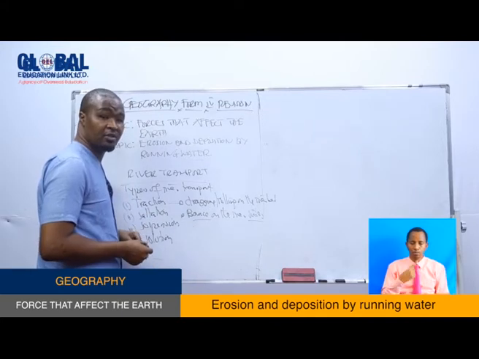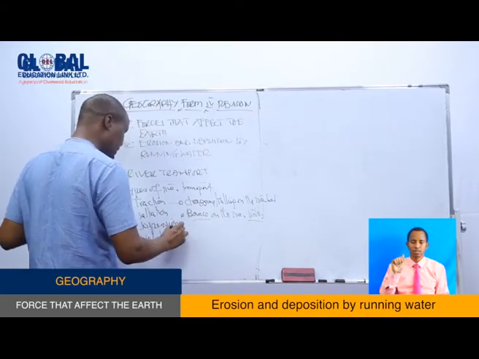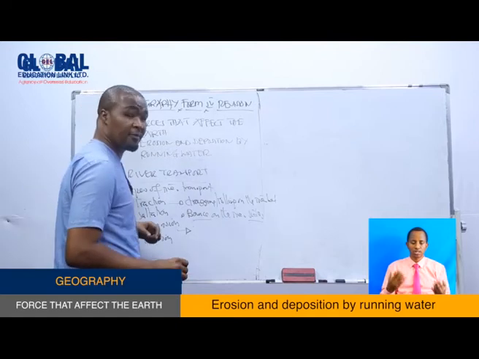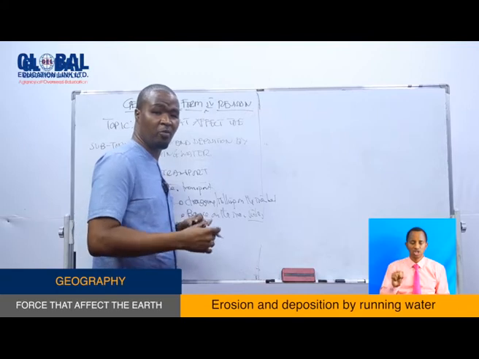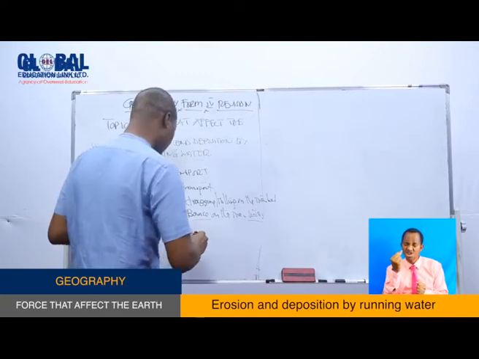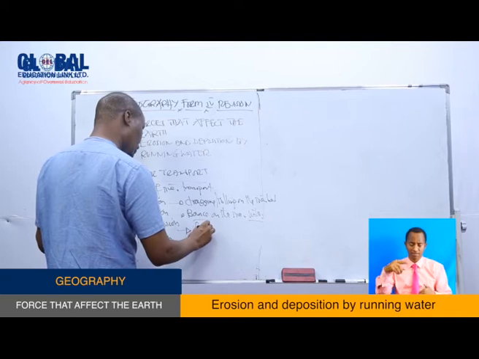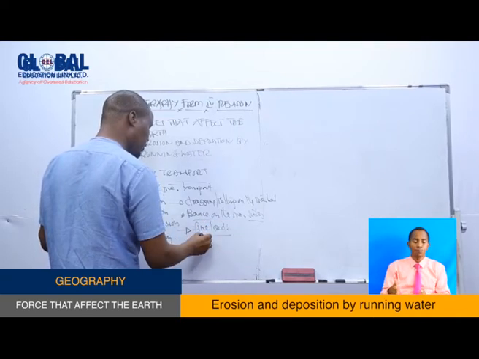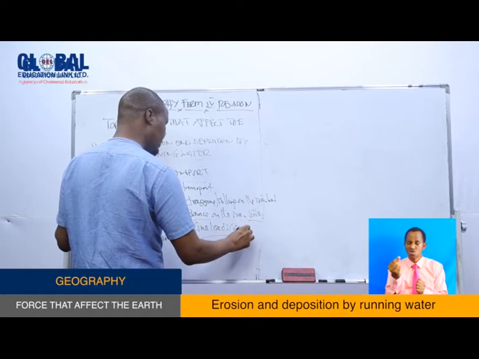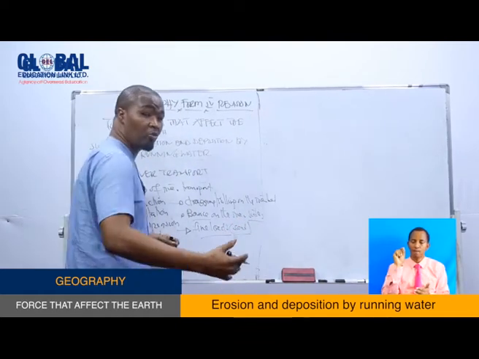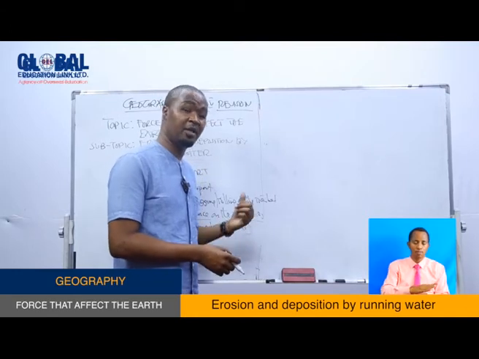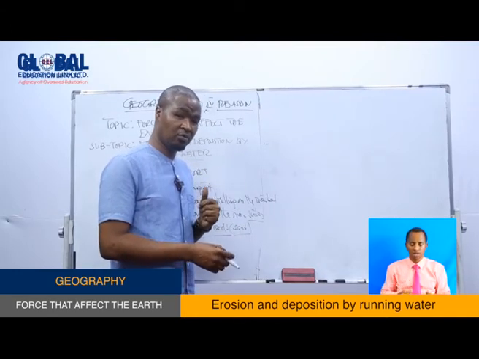We call it saltation. Then suspension refers to the process whereby fine material is carried by the river from one point to another, very fine loads like fine sand, depending on the volume of water in the river valley. Sometimes even pebbles can count as fine, depending on the volume of water.